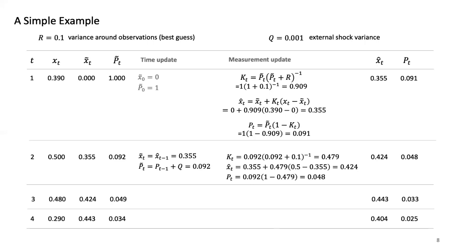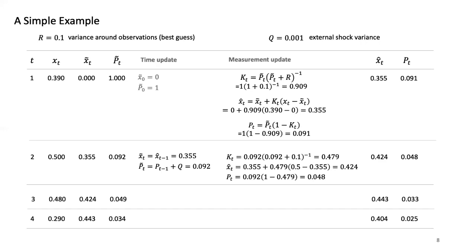In this case, I put the q, which represents that external shock standard deviation, to be 0.001. And I put r to be 0.1, which is essentially the best guess I have about the measurement error. So in this case, I think the measurement is going to have an error standard deviation of about 0.1.